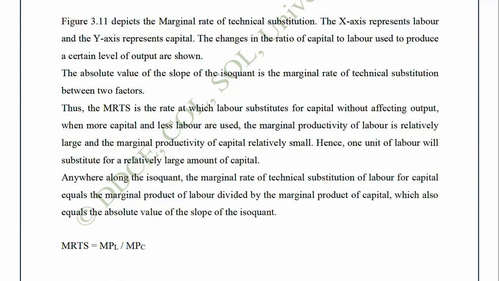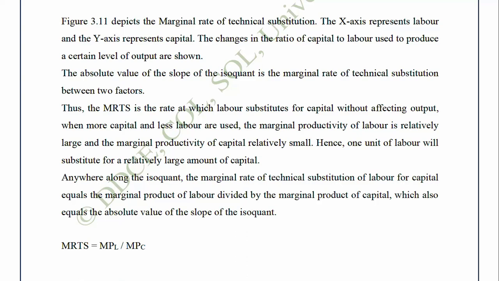When more capital and less labor are used, the marginal productivity of labor is relatively large and the marginal productivity of capital relatively small. Hence, 1 unit of labor will substitute for a relatively large amount of capital.